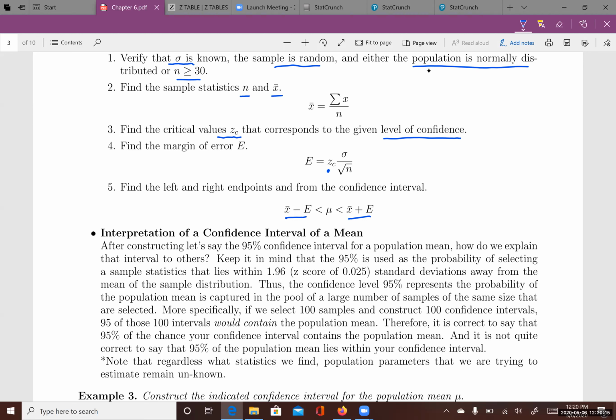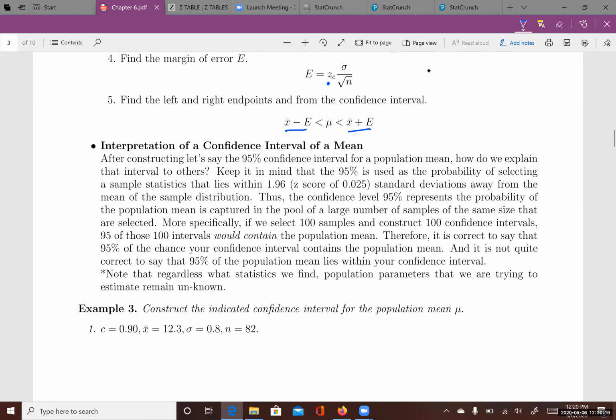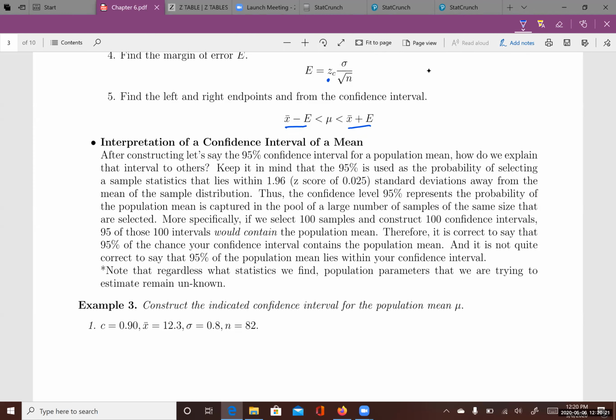And once you construct a confidence interval, you can try to interpret it. The interpretation of confidence intervals is not as simple as you initially think. So let's say you construct a 95% confidence interval for the population mean.